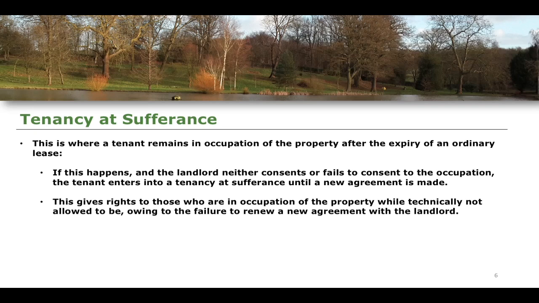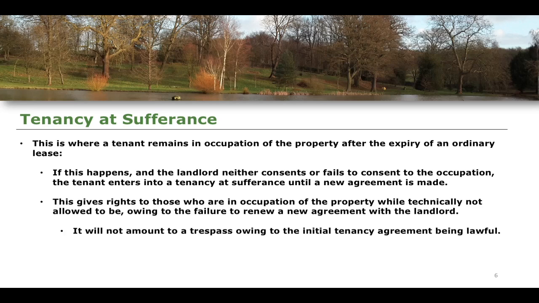So the way this fundamentally works is, let's say there is a tenancy agreement that exists and the end date for this tenancy agreement is, I don't know, May the 26th of this month, let's say, is coming up. Essentially, if that time then elapses and no one really says anything, the landlord doesn't really care because maybe they're still getting their rent money every single month, and the person in occupation doesn't really care because they want to stay in the property, then they enter into a period known as a tenancy at sufferance.